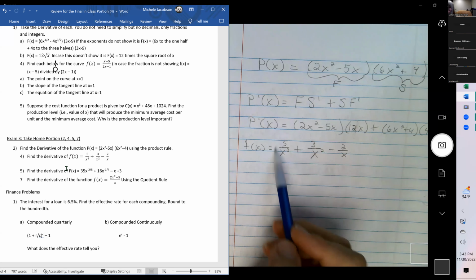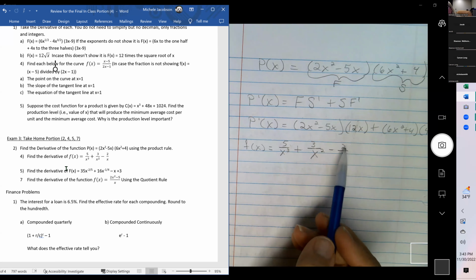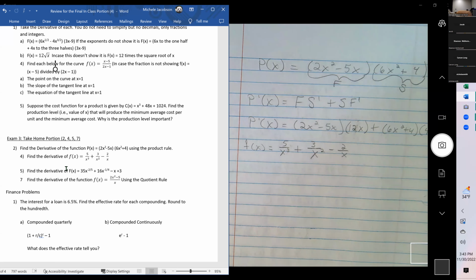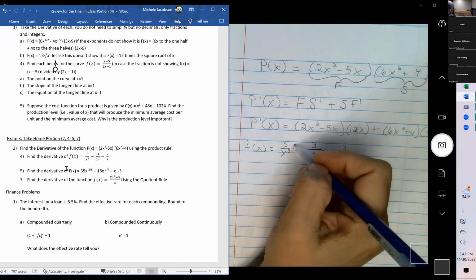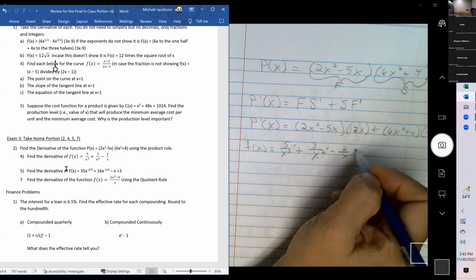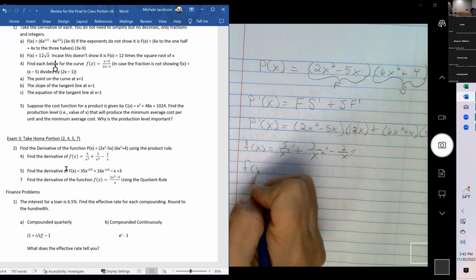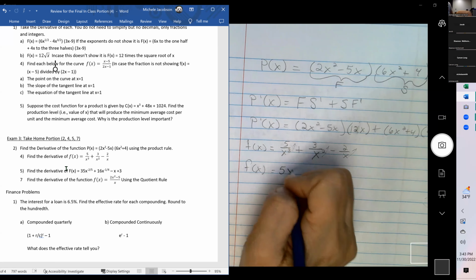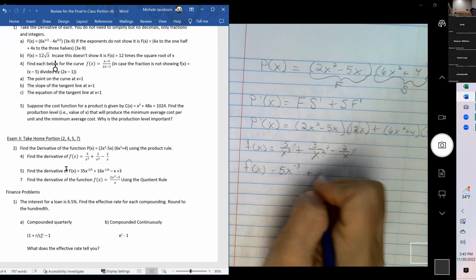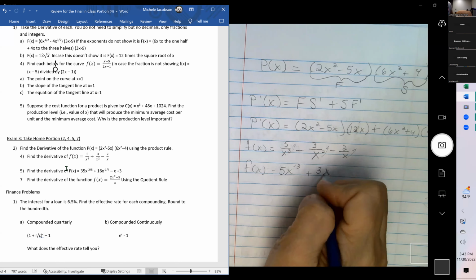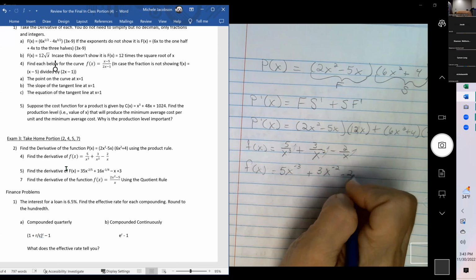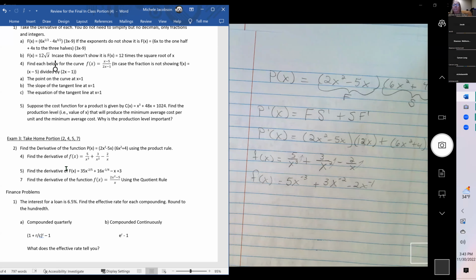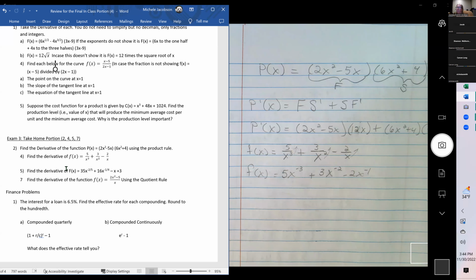You could get a common denominator and combine them, or we can use our exponent rule and bring these up before we take the derivative. Remember, when you bring it up, it changes the sign on your exponent. So by rewriting it, that makes it a simpler derivative. Any questions on that part?